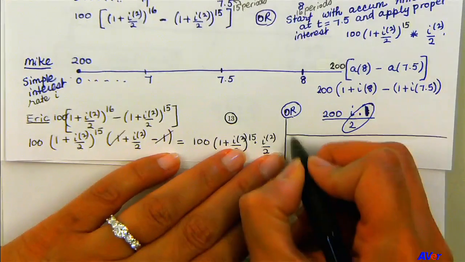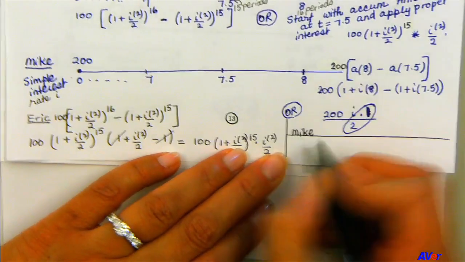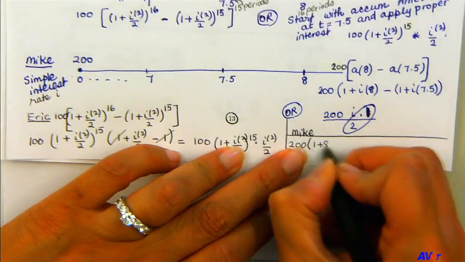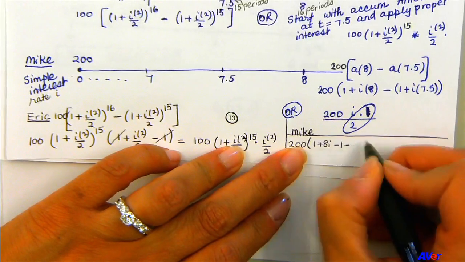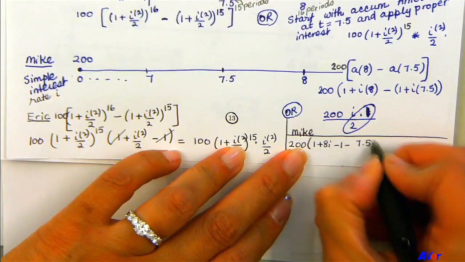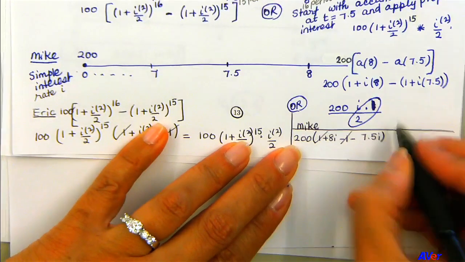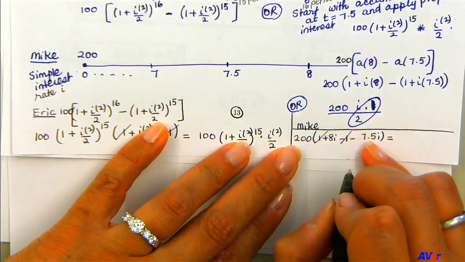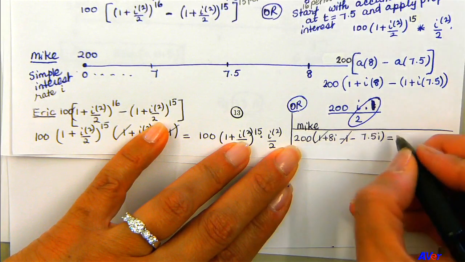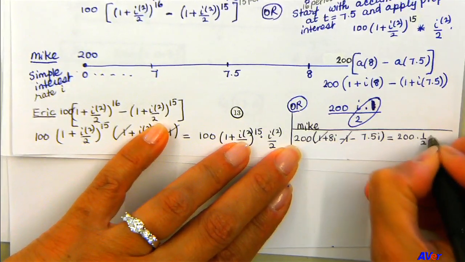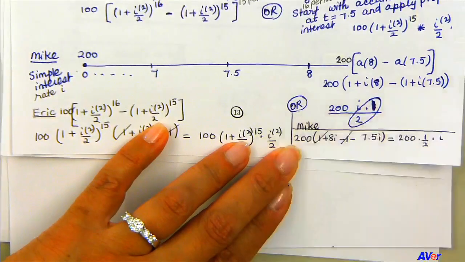And for Mike, I want to show that 200 times 1 plus 8i minus 1 minus 7.5i. So 1 and minus 1 cancel, and I in fact have 8i minus 7.5i, so that's just a half an I. So 200 times 1/2 times I, which is exactly what we assumed here.